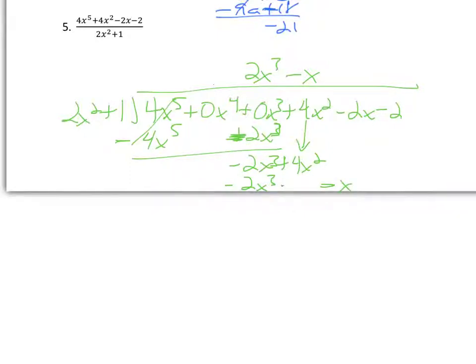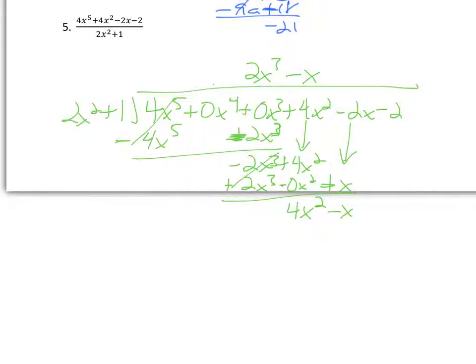Okay, so that's where we kind of get a little messed up. Now remember, we're subtracting here, so we need to change those signs. Those cancel out. The 4x squared just stays, because it's basically minus 0x squared, right? And we're going to bring down the negative 2x, it's going to combine with our positive x to make a negative x.